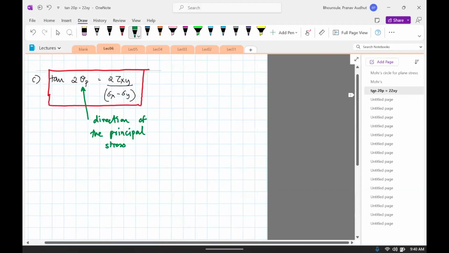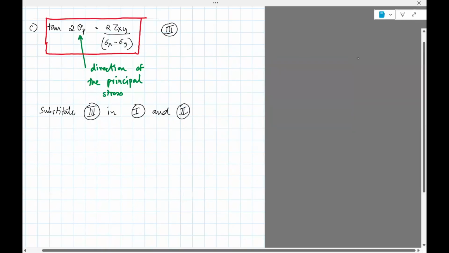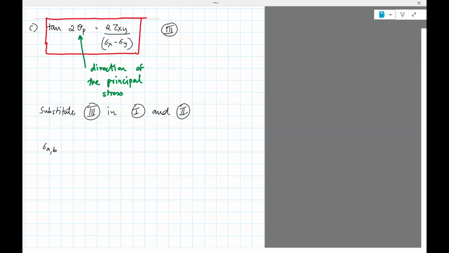So now what I'm going to do is, let's call this number 3. So now what we'll do is we'll substitute 3 in 1 and 2, 1 being the formula for normal stress sigma, and 2 being the formula for tau, and solve for sigma a, b. These are the principal stresses.